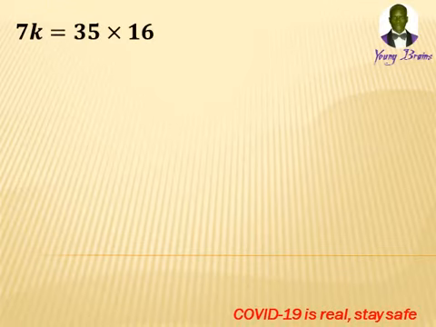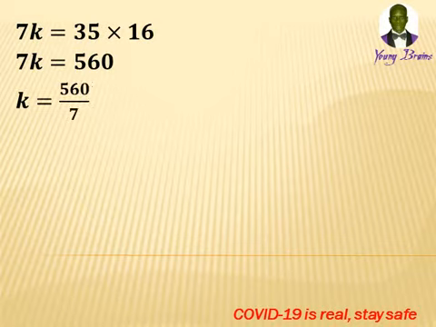Cross multiplying, we get 7k equals 35 times 16. So 7k gives 560. To get our k, we divide both sides by 7, which is the coefficient of k.